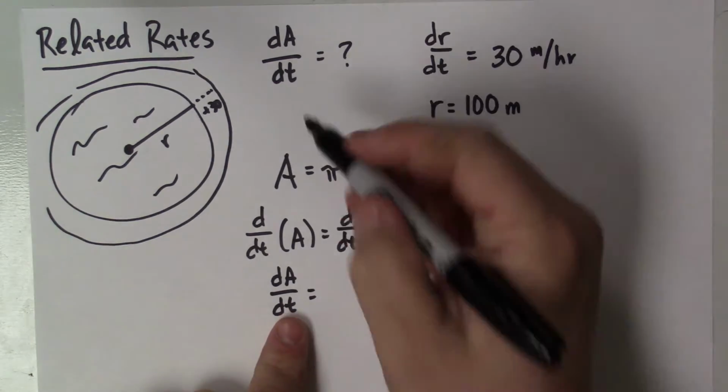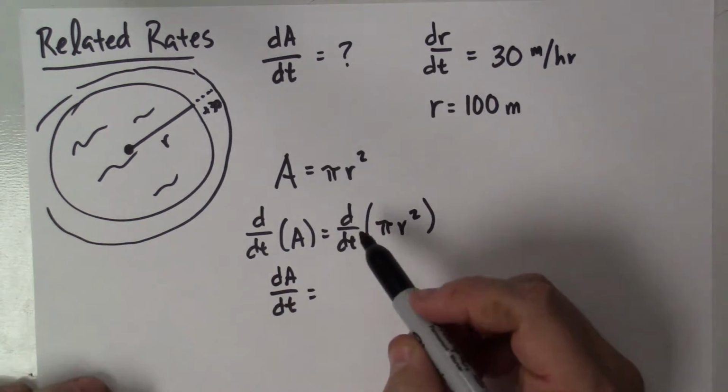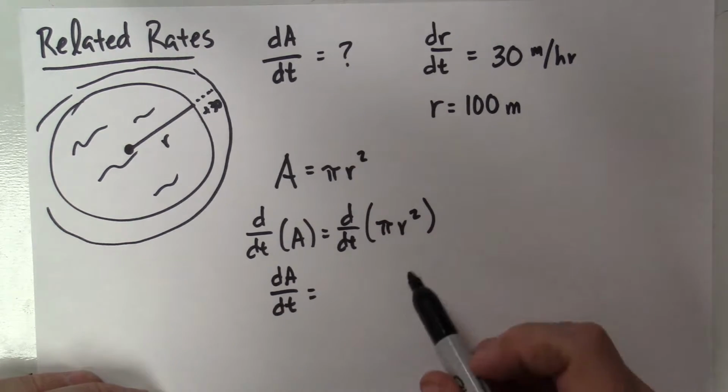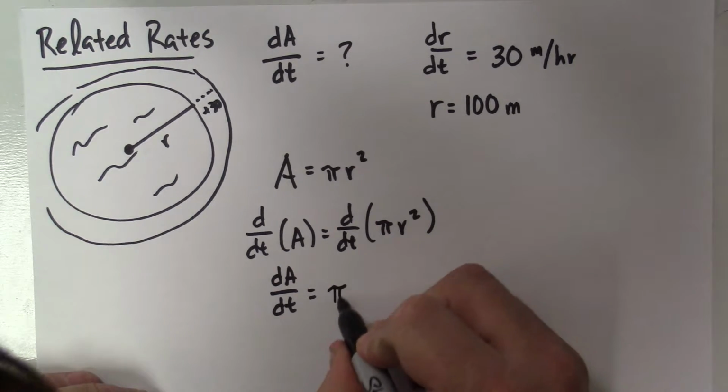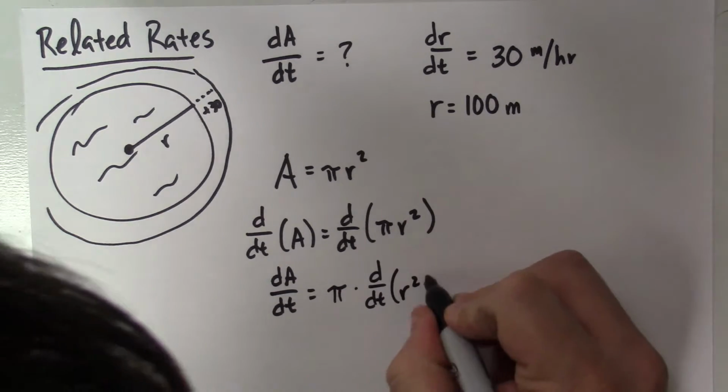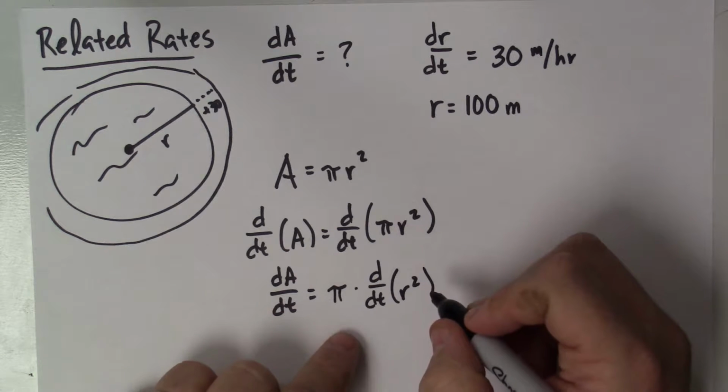Now I've got what I'm looking for, and I've just got to solve this equation. That's pi times the derivative with respect to time of r squared. I can pull that pi out because it's a constant.